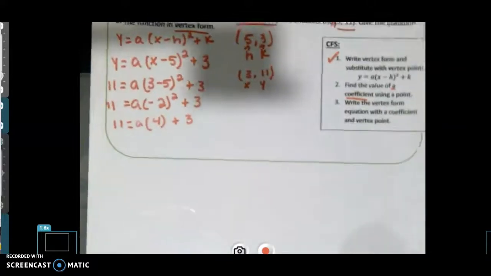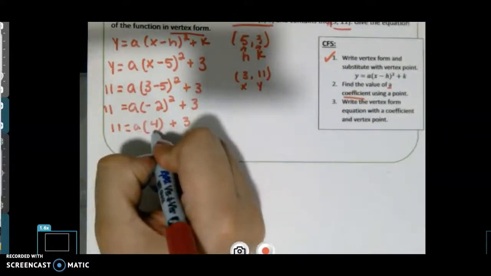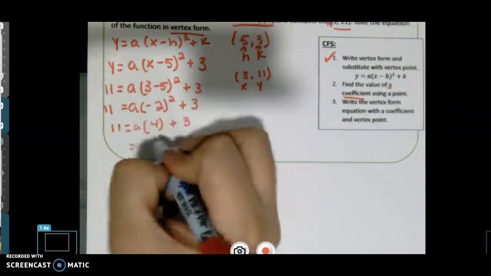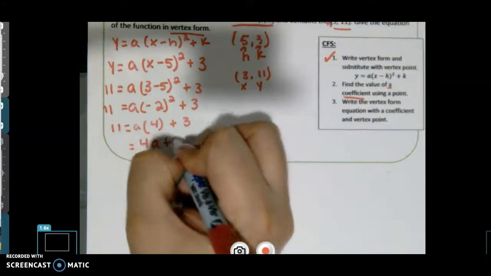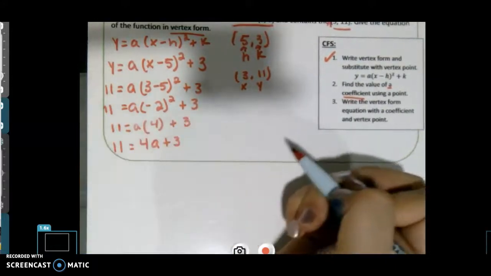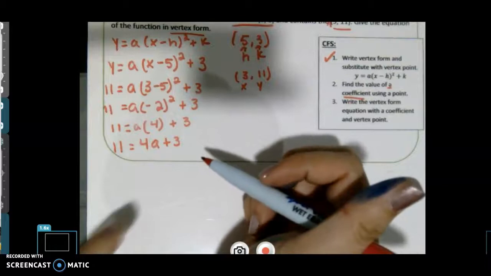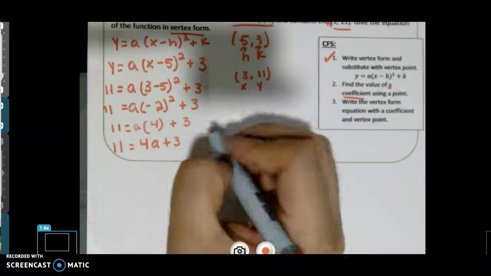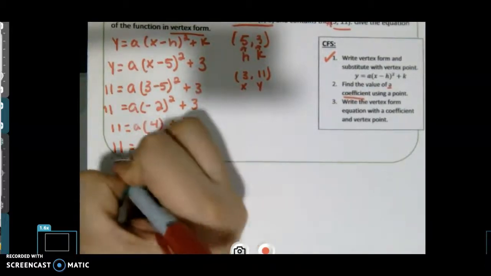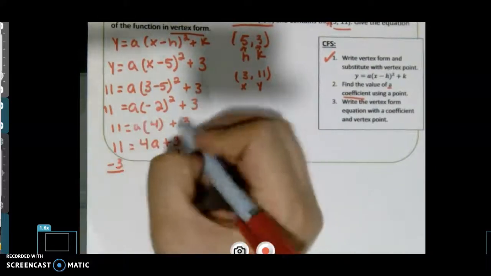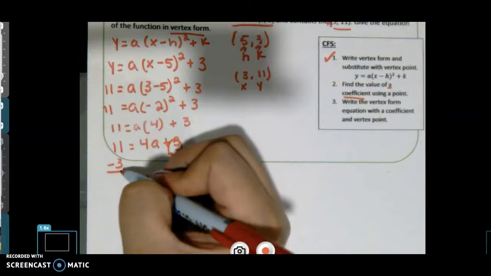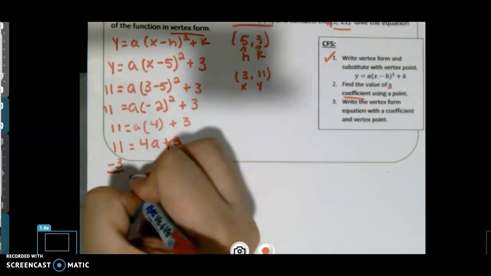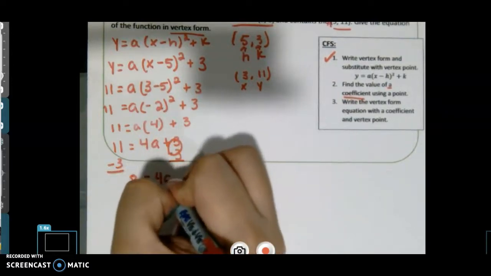So now a times 4, remember, number comes first. 4a plus 3, then 11. So now we have to isolate a by itself. So let's go ahead and subtract 3 on both sides. Numbers with numbers, so this becomes 0. Equals, so 11 minus 3 is 8 equals 4a.